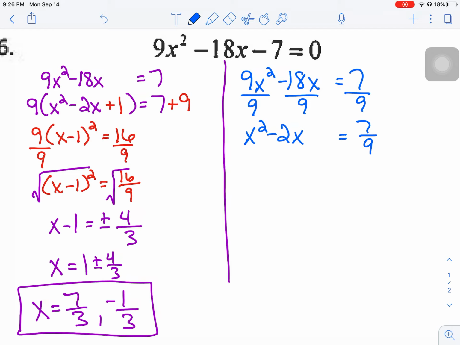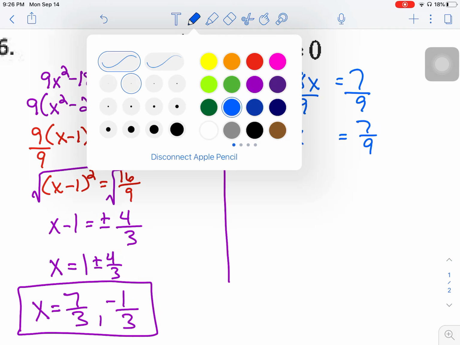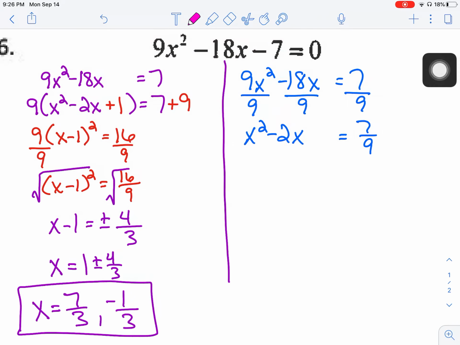Okay? So completing the square, we're going to do the same thing we've been doing. So let's see, we've got half of negative 2. So that would be negative 1. Negative 1 squared is plus 1. What I do to the left, I'm going to come over here and do to the right. Okay. So on the left side, this is now complete.